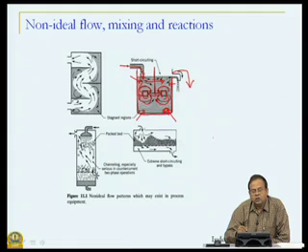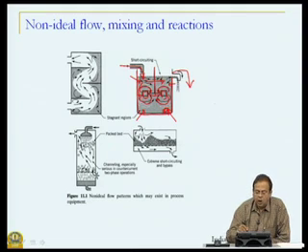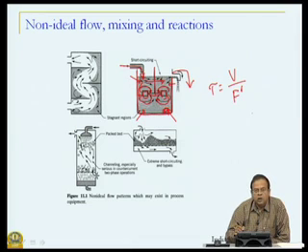Or in other words, our assumption that all fluid elements on an average have spent residence time tau equal to volume divided by the volumetric flow rate is not necessarily a good assumption.